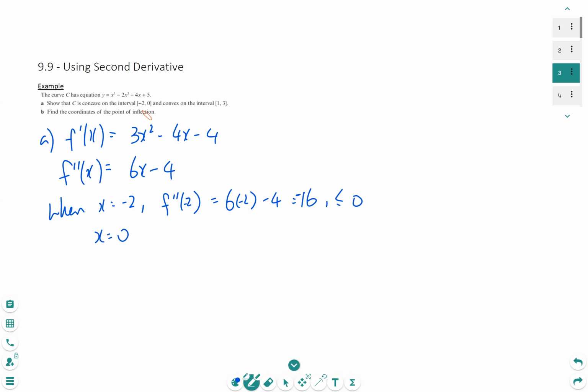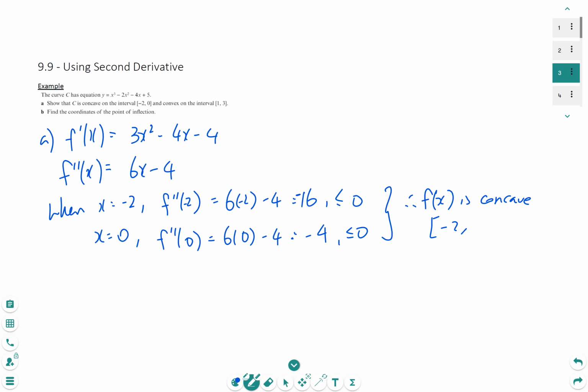Concave should be negative. When x equals 0, substitute 0: 6 times 0 minus 4 is minus 4, so it's less than or equal to 0. So therefore, f of x is concave between minus 2 and 0.